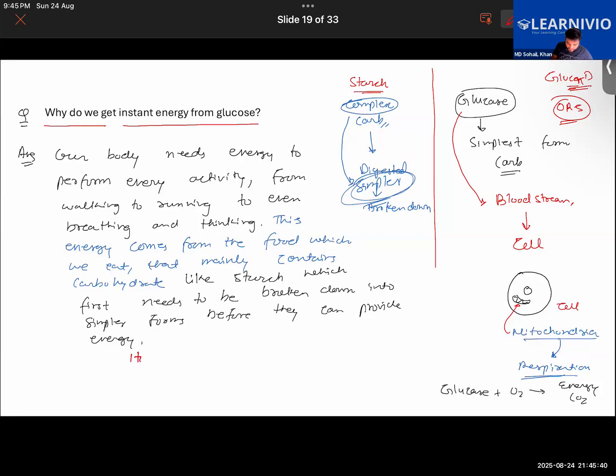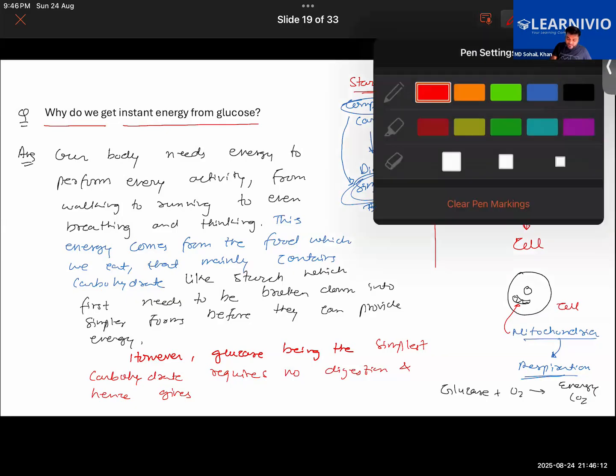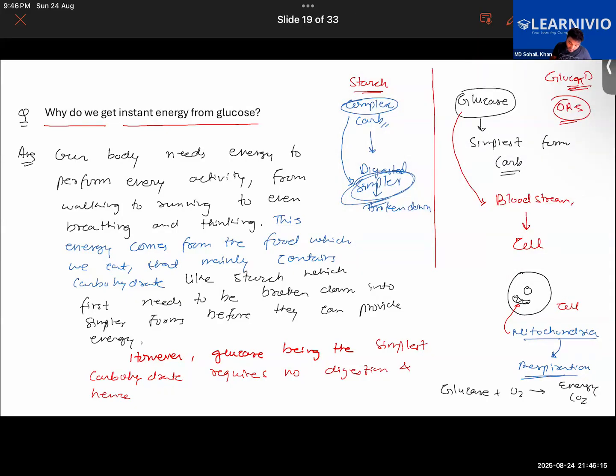However, glucose being the simplest carbohydrate requires no digestion and hence is directly absorbed in the blood and transported to cells.